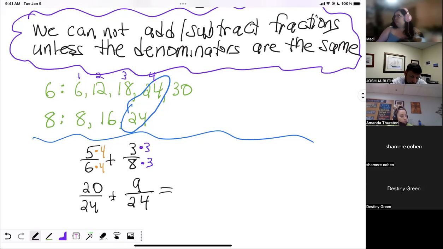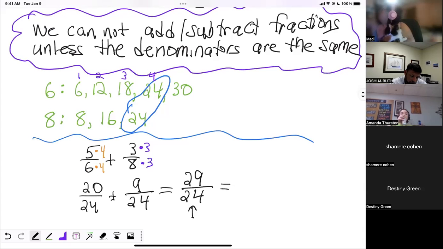Now I can add them. I add across and I keep the denominator. So 24 stays. I'm going to add 20 plus 9 is 29. And then according to the directions, because my math lab will say, write it as an improper fraction, which that's the answer. It might say, write it as a mixed number.